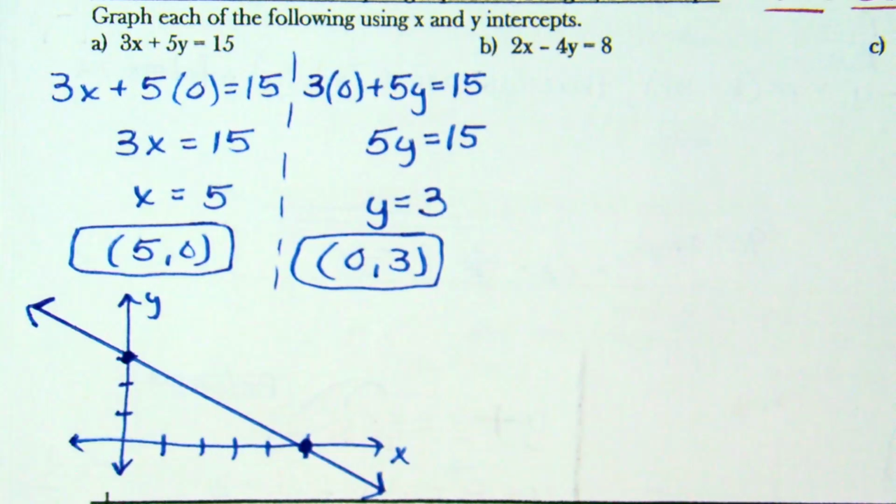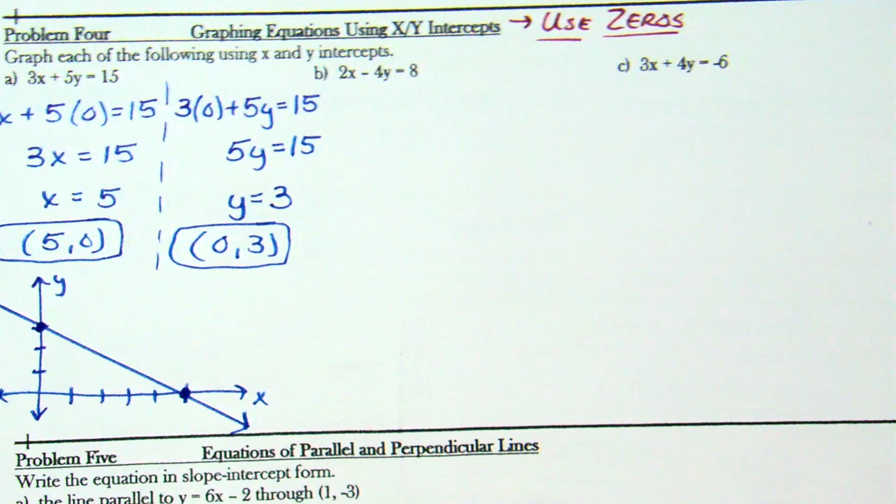Real quick, let's see. I'm going to jump over to C because I want to bust Carter's myth here. Because if I go with B, you're still going to have that myth. Okay? So I'm going to go over to C to bust his myth. Okay, on C. How do I find the x-intercept? Make y 0. So 3x plus 4 times 0 equals, notice it's a negative 6. 4 times 0 is 0.